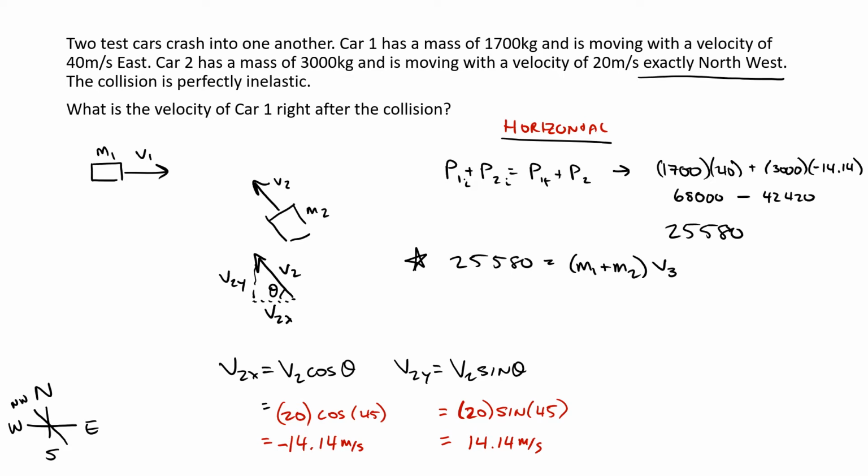They're both moving with the same velocity. And that is something that I've written like this: 1, 2, 3. That's only for an inelastic collision, when after the collision they're moving together.